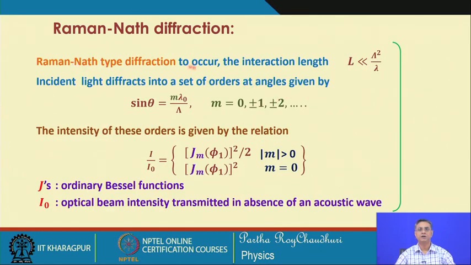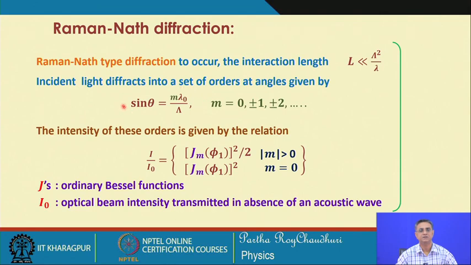Then, for Raman-Nath type of diffraction to occur, the length of interaction L must be smaller than this value, that is, the acoustic wavelength squared divided by the wavelength of the optical beam. The incident light diffracts into a set of orders at different angles, which are given by this.